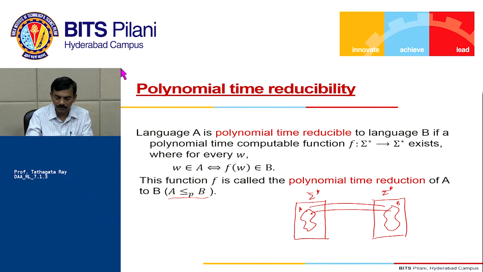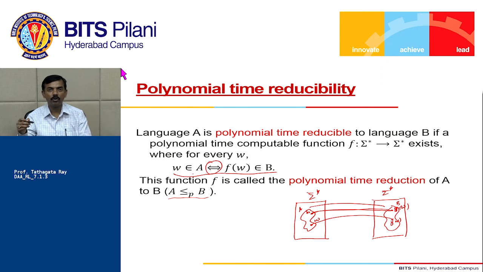If I choose a particular string w from A, f(w) should be in B. Similarly, if I look at any f(w) in B, I should have some w in A. So w belongs to A if and only if f(w) belongs to B. Both need to hold.